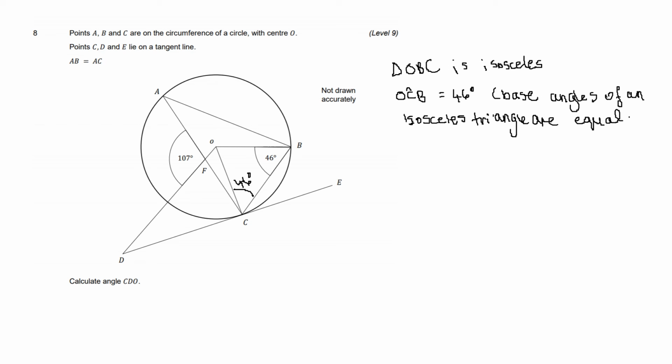Okay, so now if we have a look at angle BAC, okay, so angle BOC. Angle BOC is going to be 88 degrees. Okay, and obviously I've worked that out because angles in a triangle sum to 180.